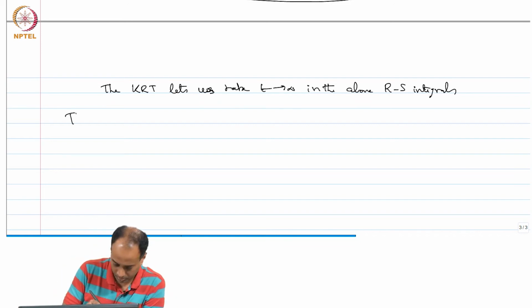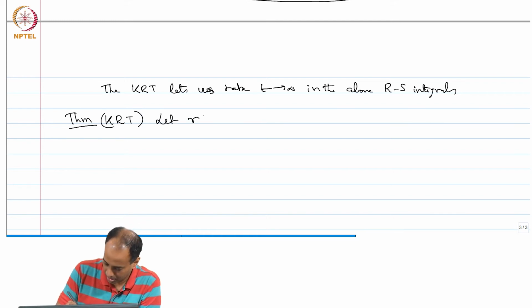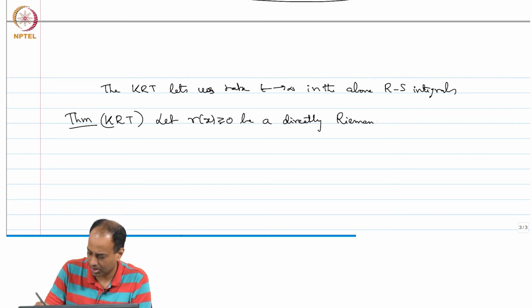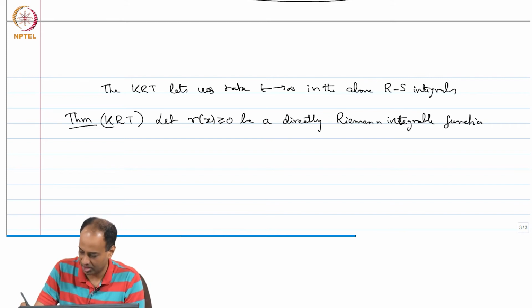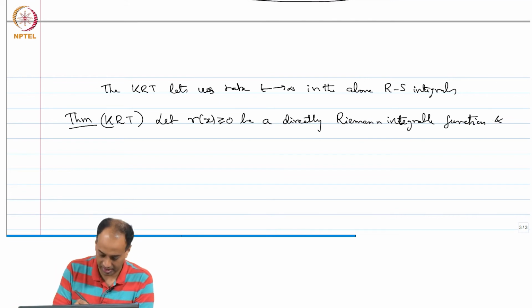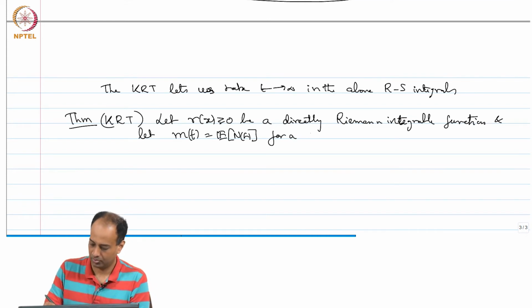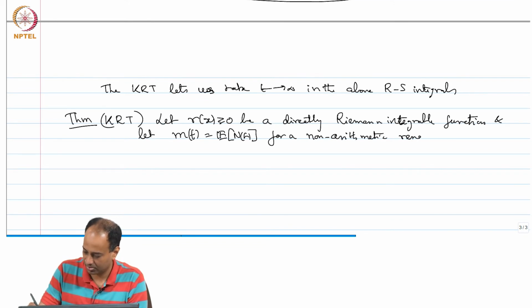It says, key renewal theorem: let r of x be a directly Riemann integrable function and let m t be equal to expectation of n t for a non arithmetic renewal process.